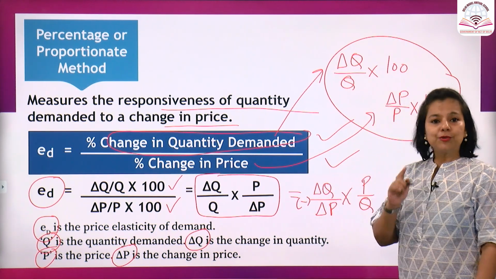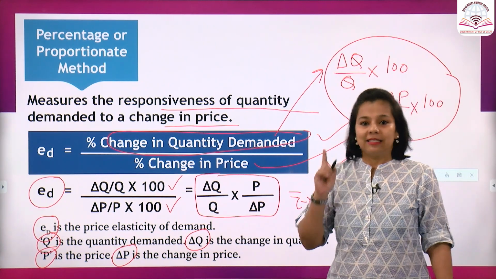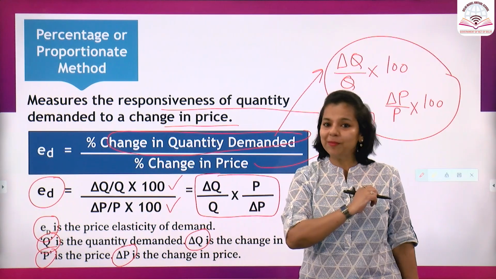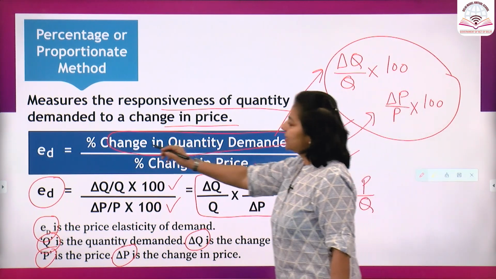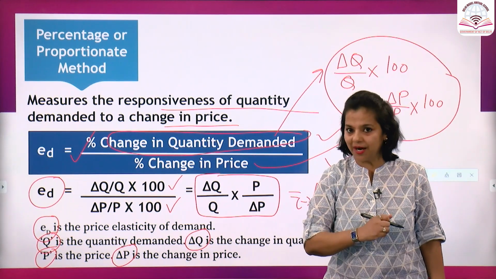Now, we have to keep in mind four formulas for calculating the questions using proportionate method. Which four formulas? The first one is percentage change in quantity demanded divided by percentage change in price.